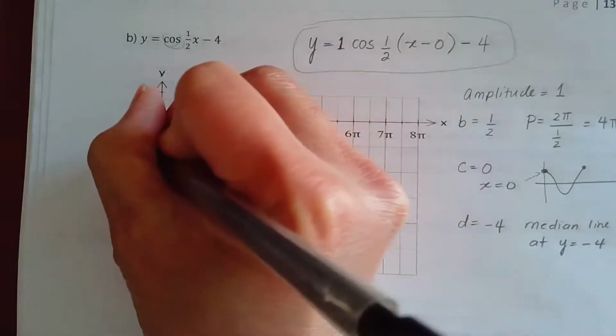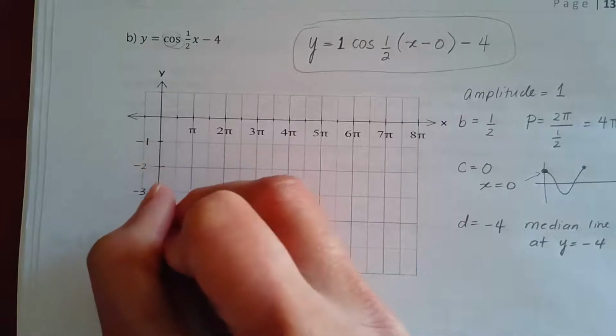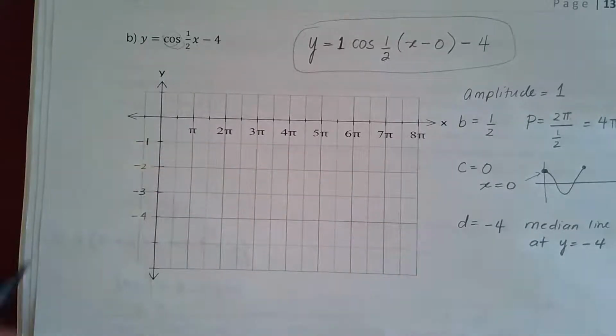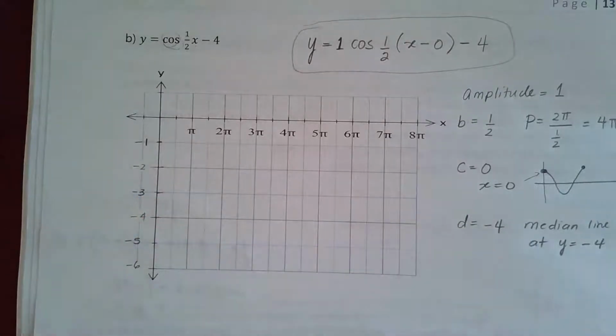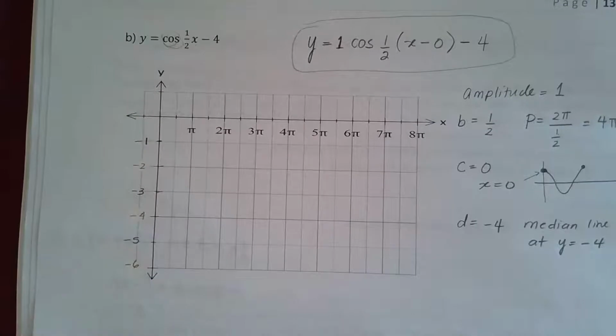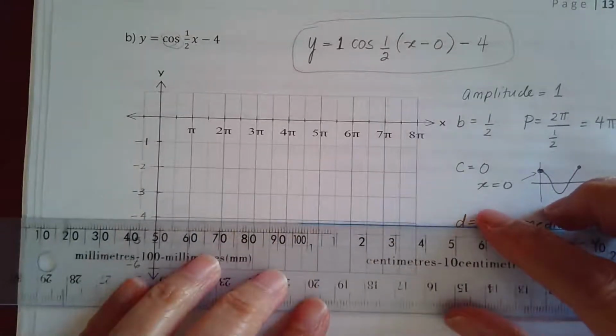So this is going to be -1, -2, -3, -4, -5, -6. Okay, so that one. So let's start with -4. That's the median line at -4.